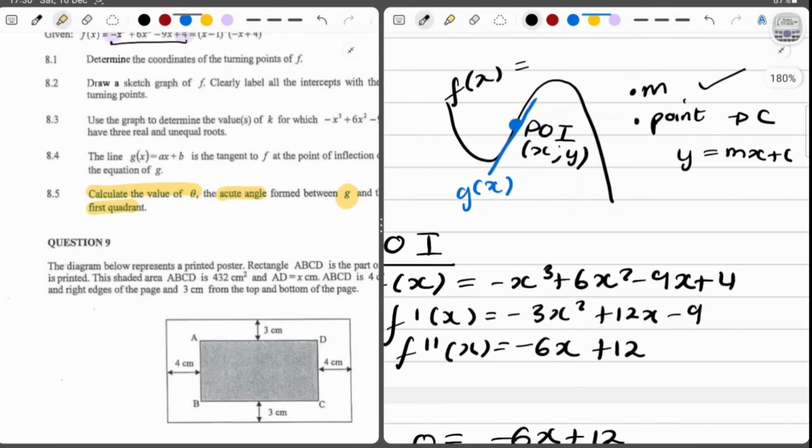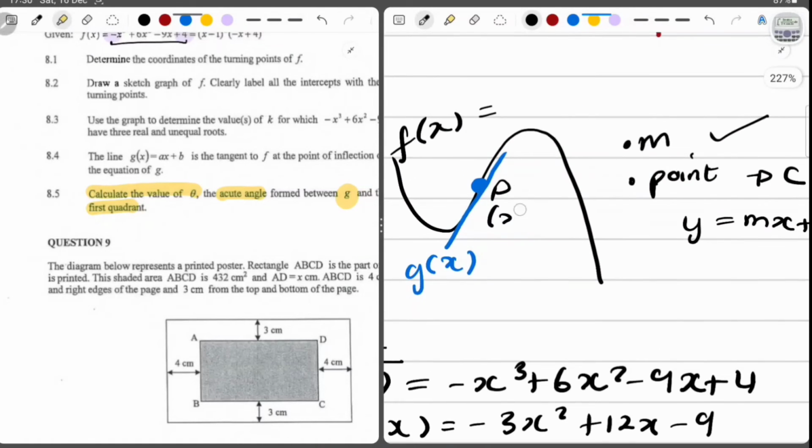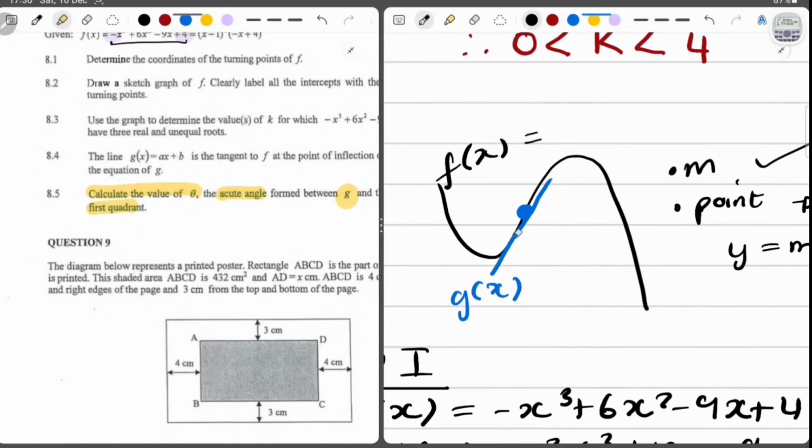G of x was this straight line. So if I just erase this, really what they're saying is, okay, this straight line of G, you have your x-axis. You need to find the acute angle formed by the x-axis and that straight line. That is the angle of inclination of this G. Okay, so that is the theta they're talking about.